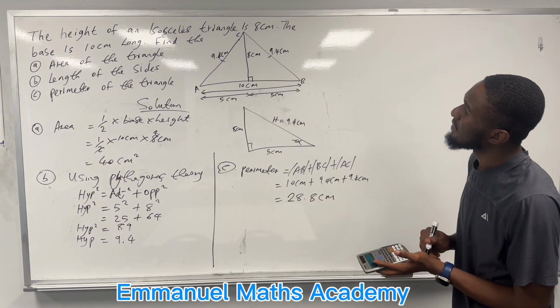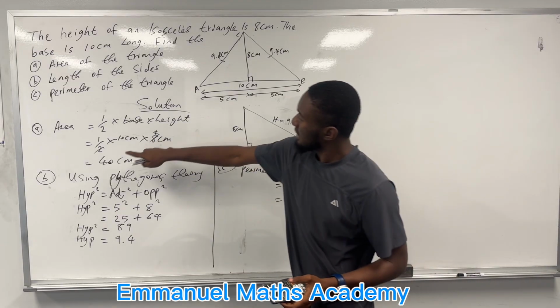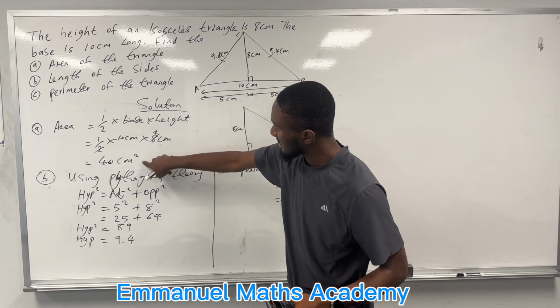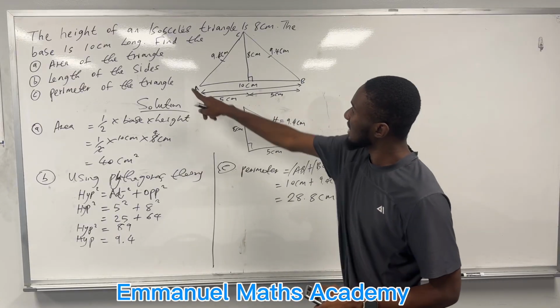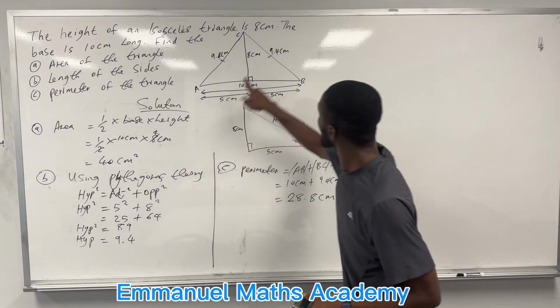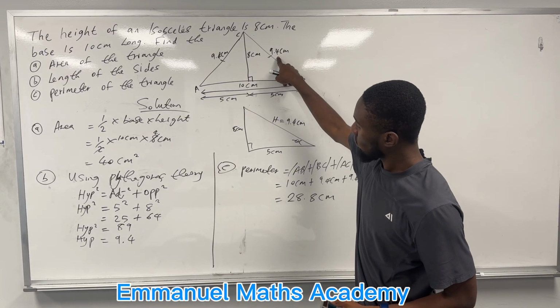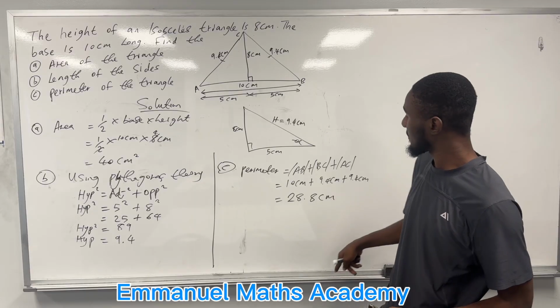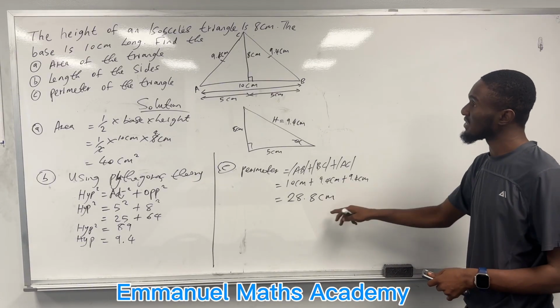So hence, from this first one, the area of this isosceles triangle is 40 cm square. Then the length of the sides is what? The hypotenuse here is 9.4 cm, and the perimeter is what? 28.8. As simple as that.